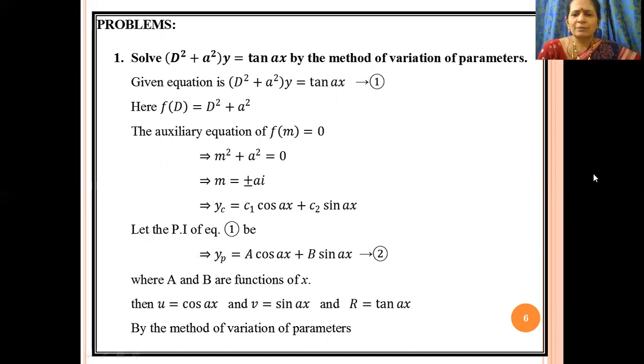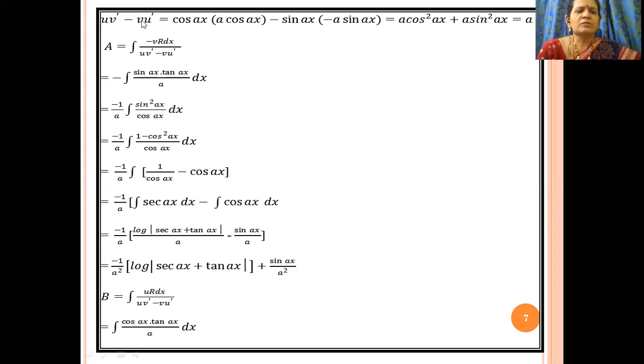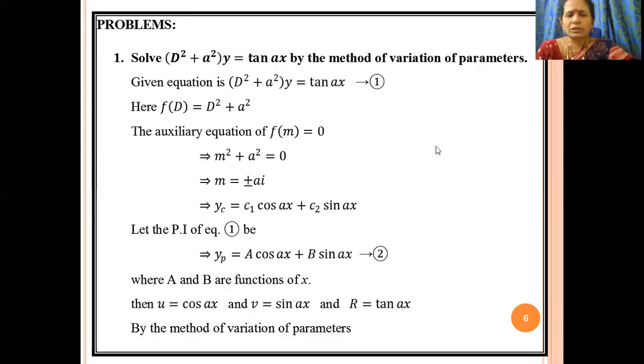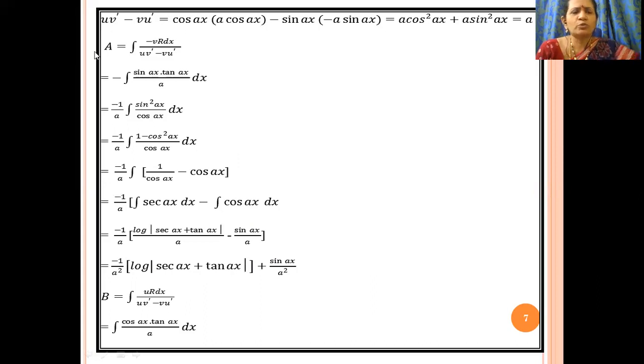Now apply the method of variation of parameters. In this problem, u is equal to cos ax. After writing u and v, write down uv dash minus vu dash and find out this value. We will get this value as a.